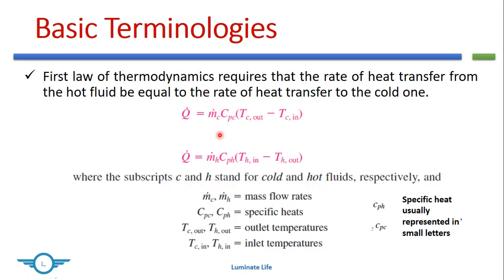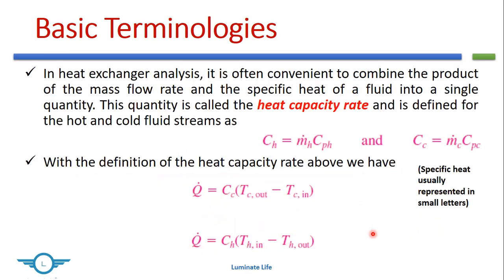Here m dot c and m dot h represent the mass flow rate of the cold fluid and the hot fluid. Cpc and Cph represent specific heat. Now one thing to note is that in certain textbooks you can find the Cpc and Cph in capital letters, but mostly specific heat is written in small letters, cp, small cph and small cpc. Alright.